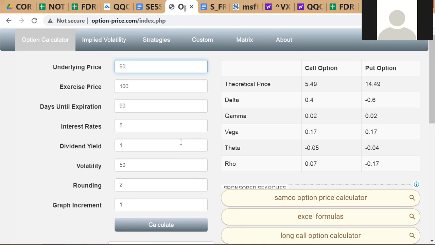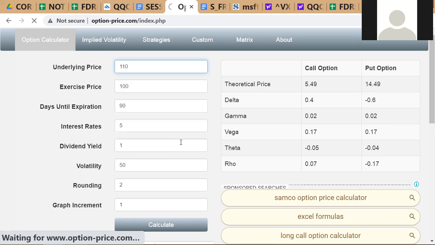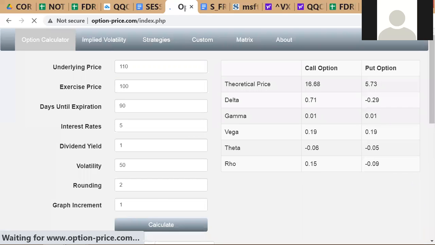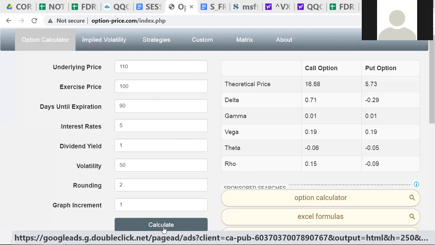So let's take an in the money option. Let's say 110. Let's look at 110 and calculate here.